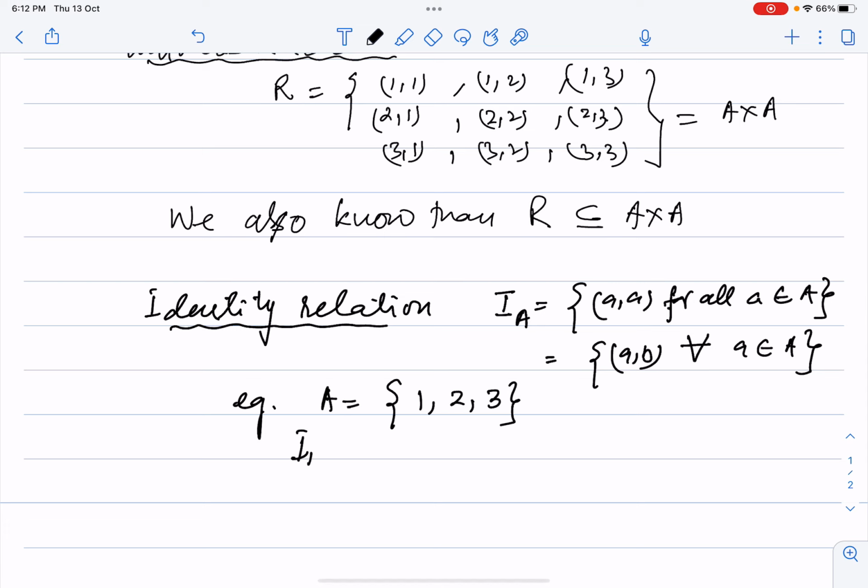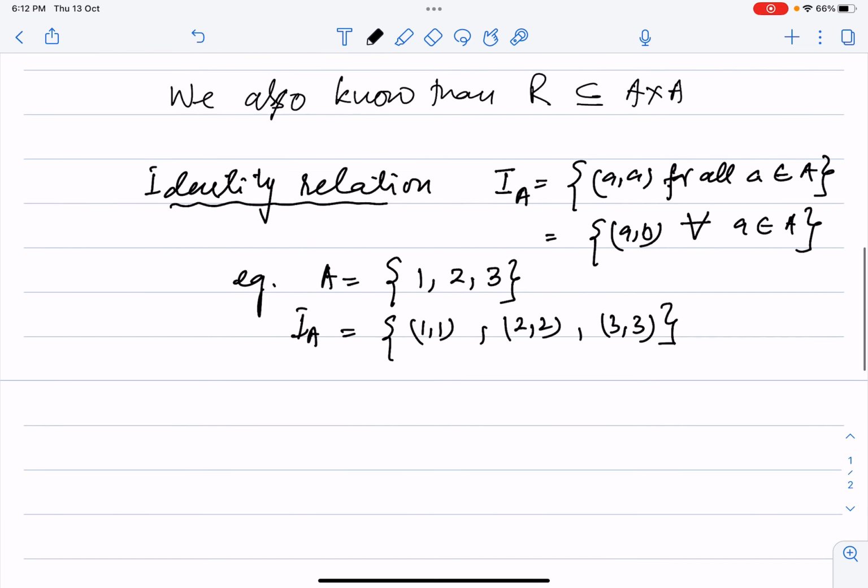So identity relation is {(1,1), (2,2), (3,3)}. That means the first element and the second element should be the same, and only those ordered pairs are there in which the first element and second element are the same.